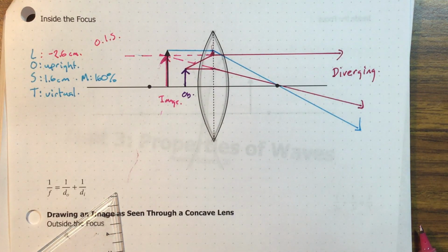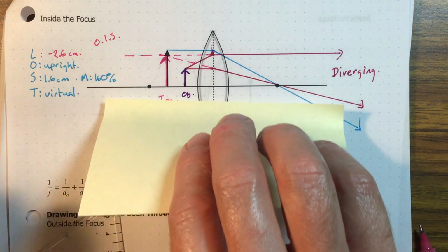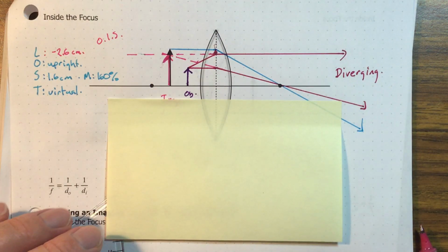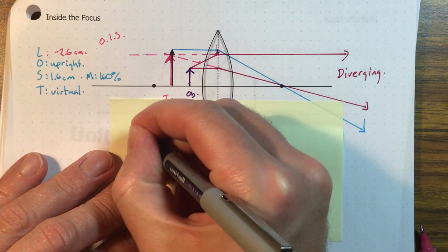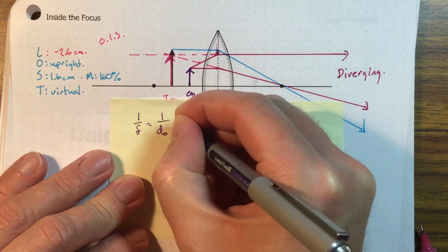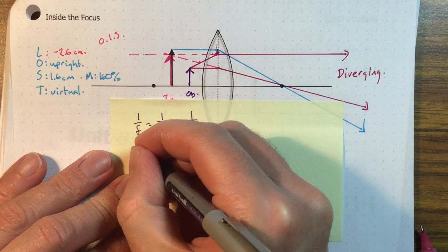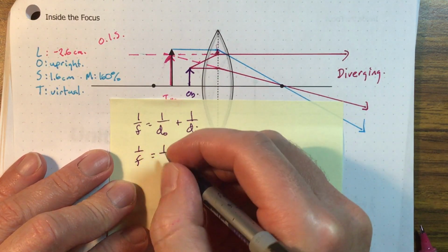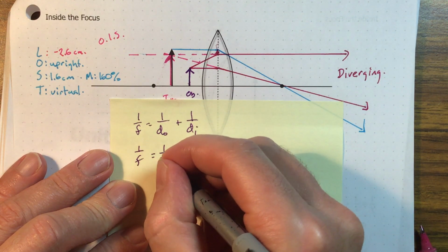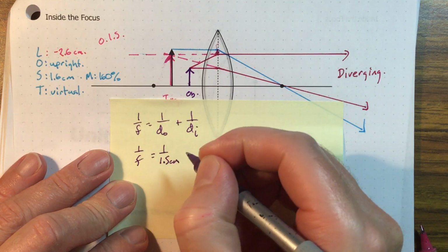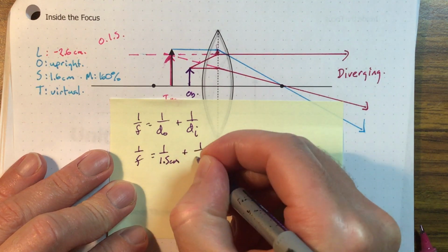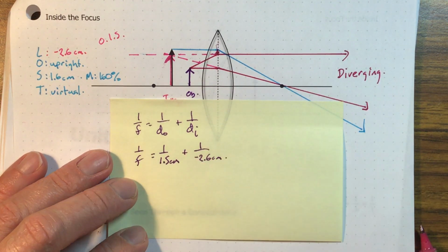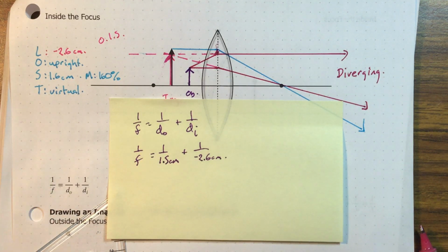Okay, we're going to try this out. We're going to see if my conjecture was right about this being a negative because it's virtual. So we go, 1 over f equals 1 over d sub o plus 1 over d sub i. 1 over f is equal to 1 over 1.5 for our object. Object's always positive. Plus 1 over negative 2.6. Let's see what happens here.